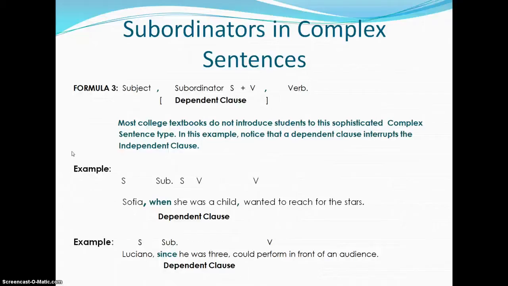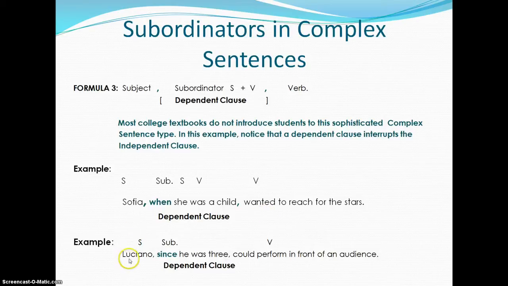We have the subject, then the dependent clause that interrupts the complete sentence: Sophia, comma, when she was a child, comma, wanted to reach for the stars. Here we see the dependent clause interrupting the subject and the verb.